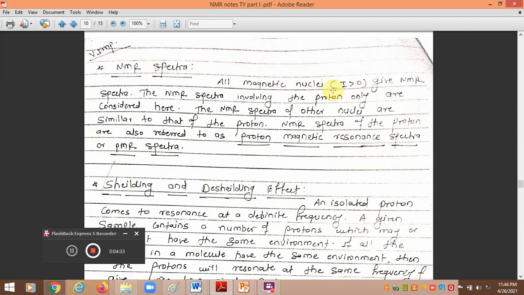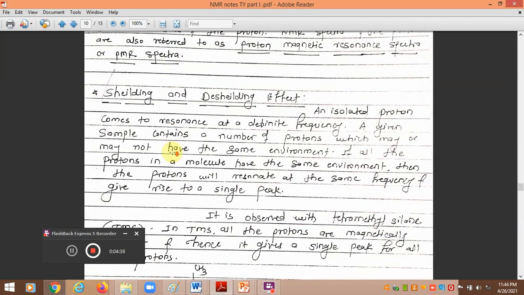In NMR spectroscopy, there are different mechanisms responsible for the appearance of the peak of a particular proton in the molecular framework, and these effects are called the shielding and the de-shielding of that proton.